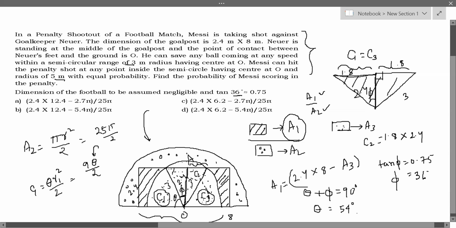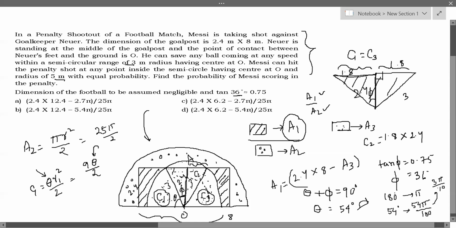Now, if theta is 54 degree, then we'll have to convert this into radian. So this theta here is not in degree, it is in radian. So 180 degree is equivalent to pi. So 54 degree is equivalent to 54 pi by 180. If you simplify this, it will lead to 3 pi by 10.